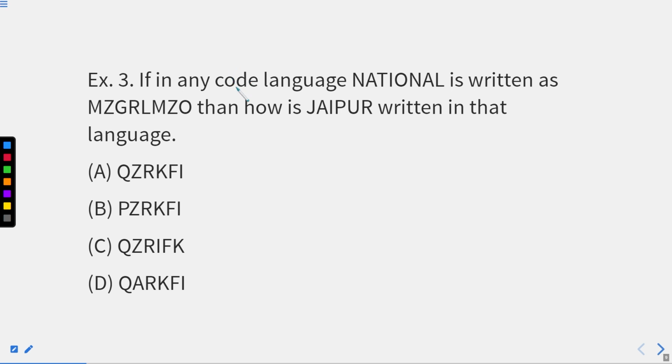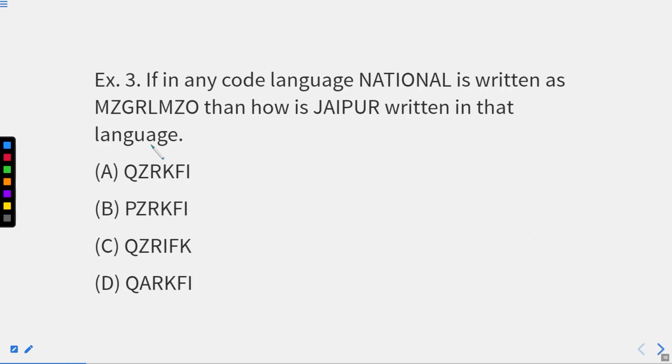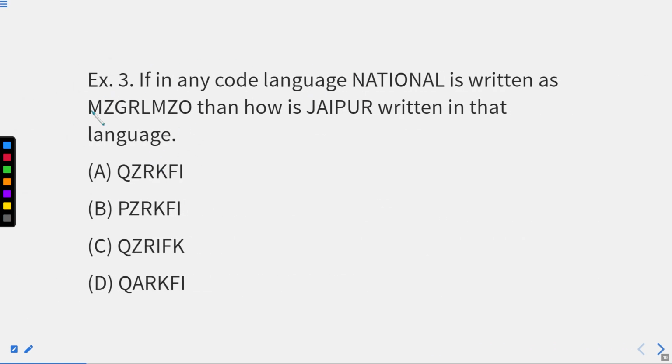For that, I'll explain something. We have already read this part, that the sum of the reversal part is 27. So we are going to use the same concept. For N and M, we know that N has a place value of 14 and M has a place value of 13. So M plus N equals 13 plus 14, which is 27. This is what we read earlier, right?